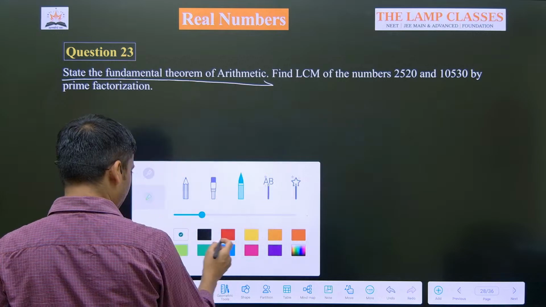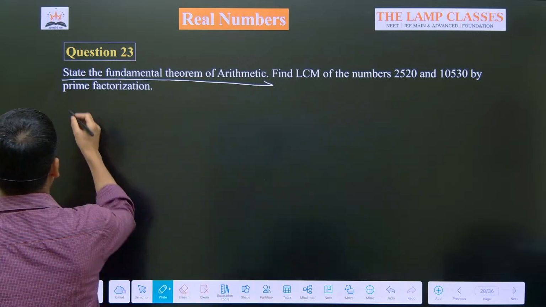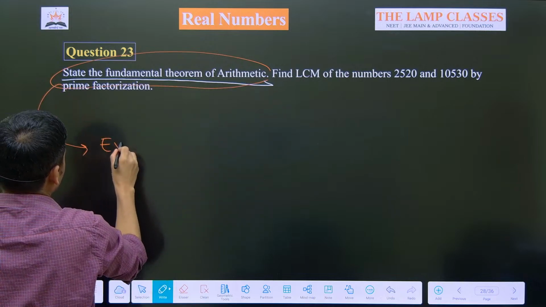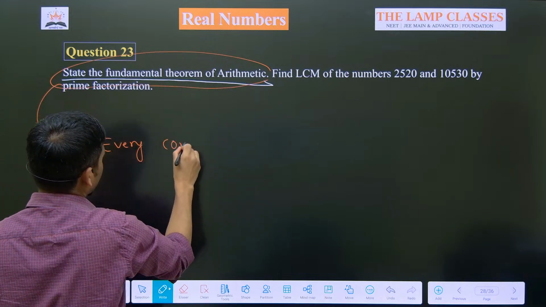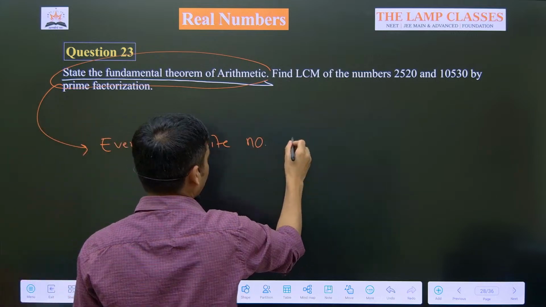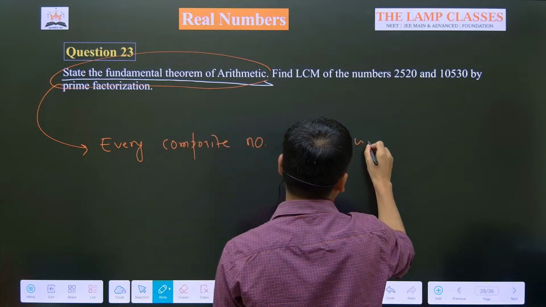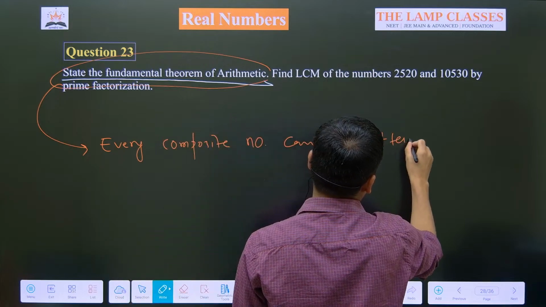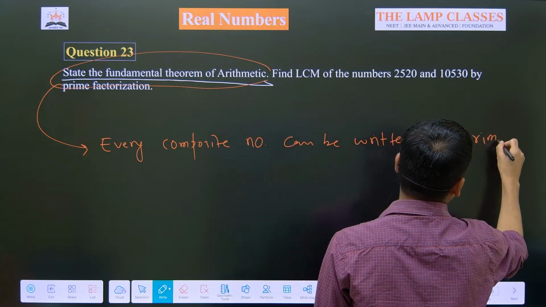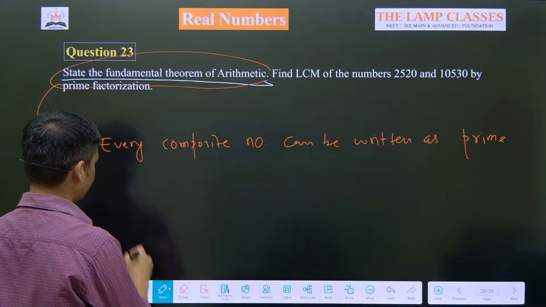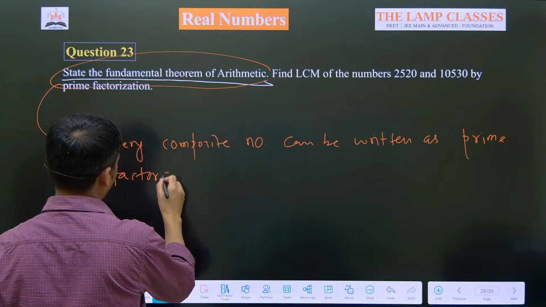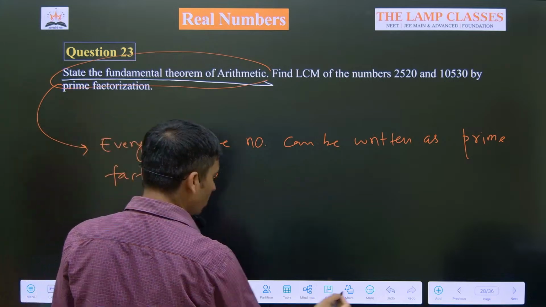So what is the fundamental theorem of arithmetic? Every composite number, right? Or you can say every natural number actually. Every composite number can be written as a product of prime factors in a unique way, right?